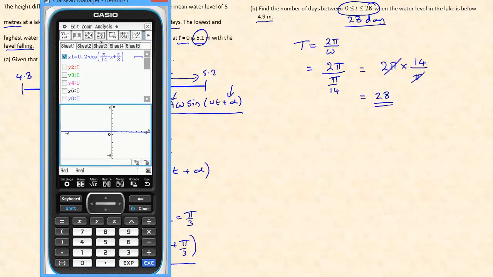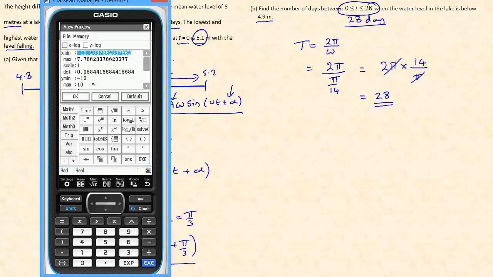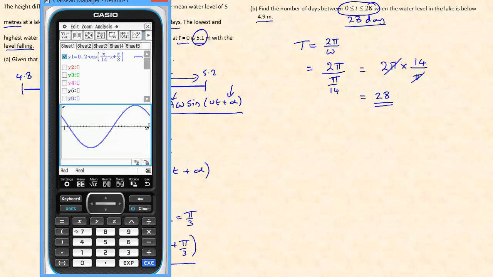And let's change the scale a bit so that we've got a better view of it. So if we go from 0 to 28, which is the domain we're being given here, and we know it doesn't go up and down that much, so I'm going to go for negative 0.3 and 0.2 here, and then we should have a really good picture.